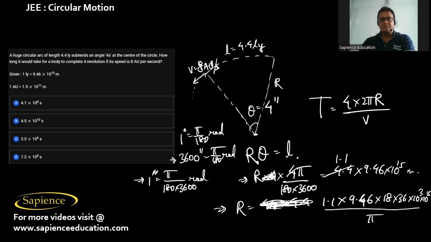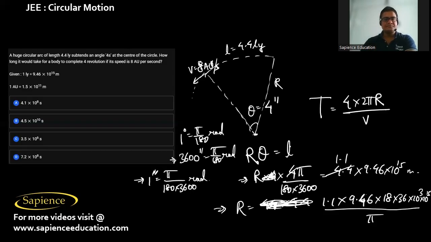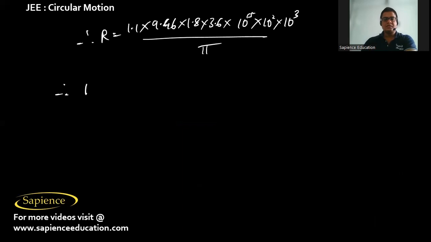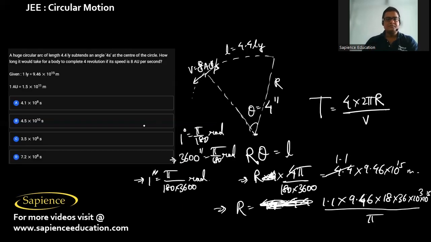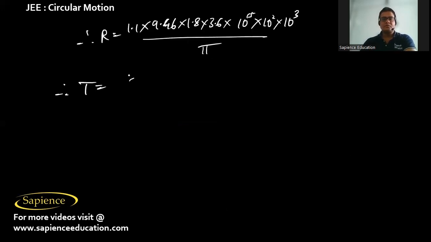So this much is the radius. Therefore, the time that it will take will be equal to 8 pi r. R is 1.1 into 9.46.